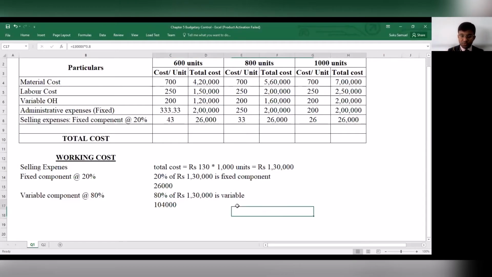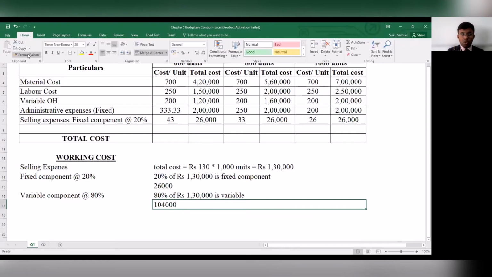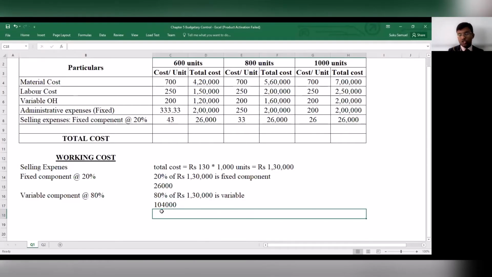Now, since this is variable in nature, one important aspect that you have to remember is that for variable cost, we are always interested in cost per unit. So cost per unit, how do we calculate this? This will be 1,04,000. Now, for what level of production is this? This is for 1,000 units.